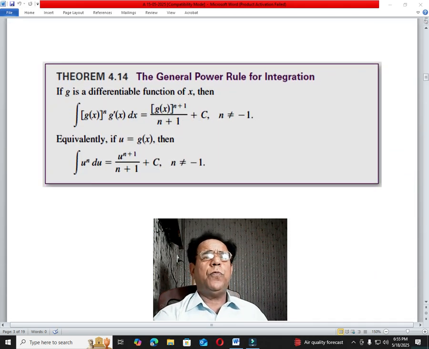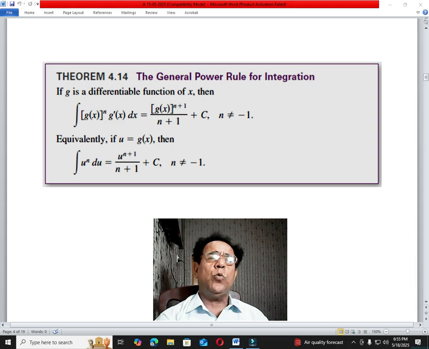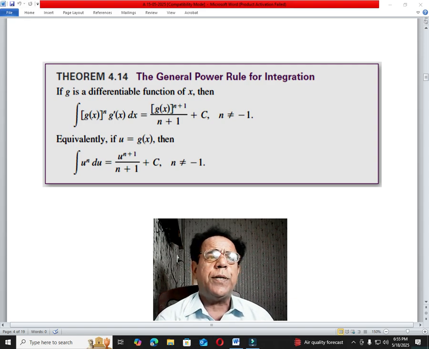We go forward. This is another formula. This formula is included in the above 2 tables, but here it is given in a more comprehensive way as a separate theorem: the general power rule for integration.